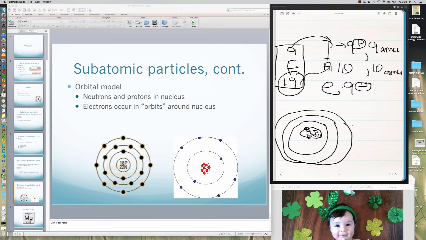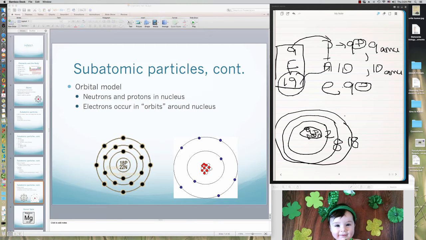And there are some rules of thumb about how many electrons can be in each orbit. In the first orbit, you can have a max of 2 electrons. In the second orbit, you can have a max of 8 electrons. And in the third orbit, you can have a maximum of 18 electrons.